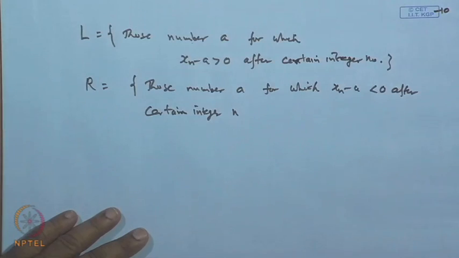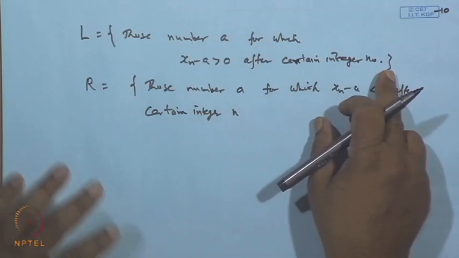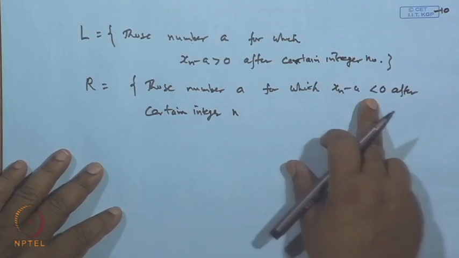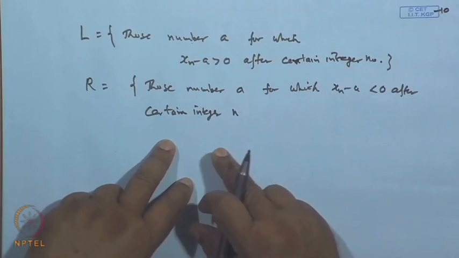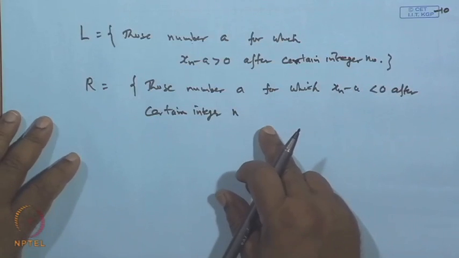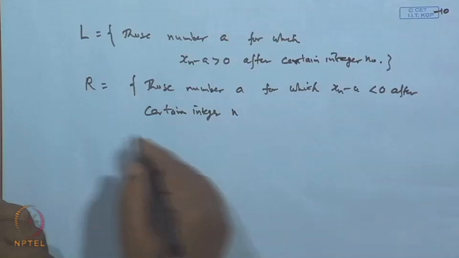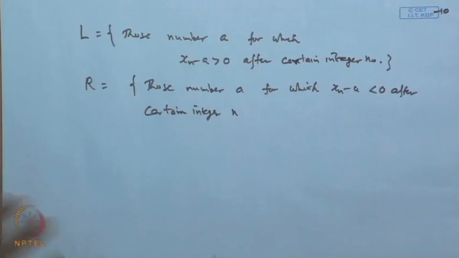Those numbers which are greater are in the lower class, and those which are less are in the upper class, from and after a certain integer. And the third case is, if there exists a for which neither of these holds, so let us see.